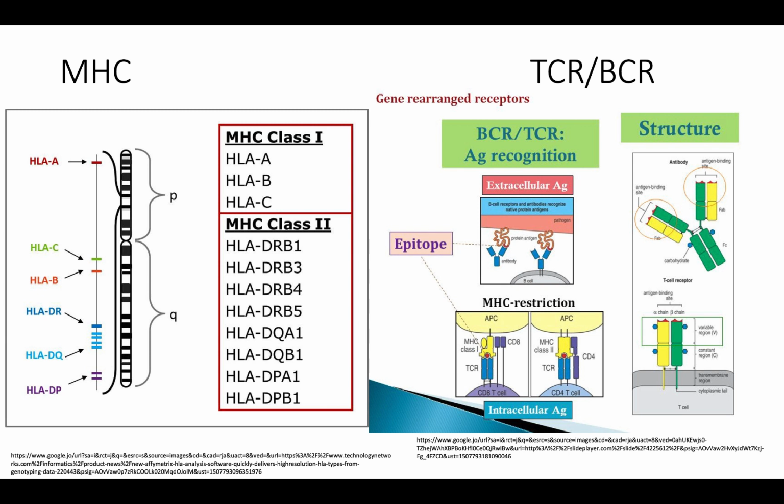Now the least polymorphic is MHC1, which is on all cells. There are only 3 genes. You have either of those 3 genes. Matching here will be easier. MHC class 2, I have more genes. I have about 8 genes that I'm looking at, and they are all present on different sites in the chromosome.